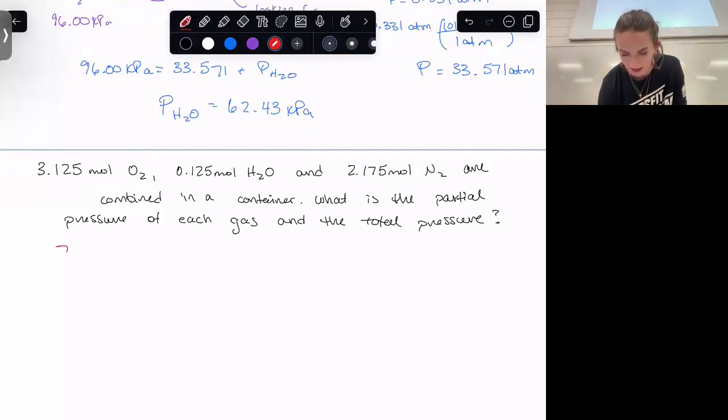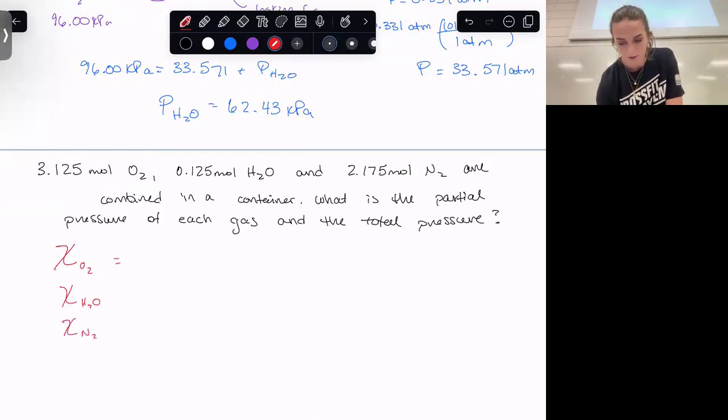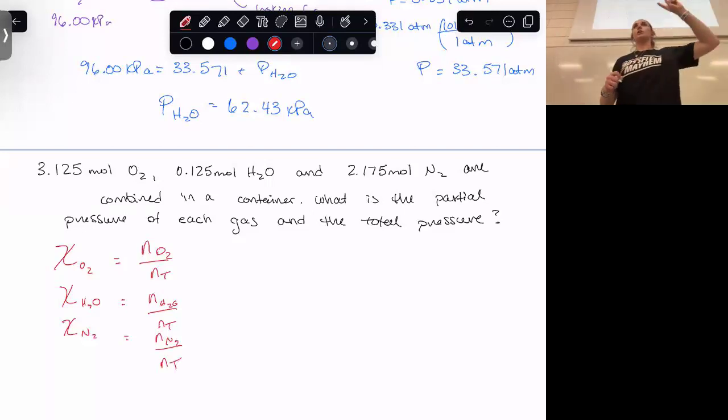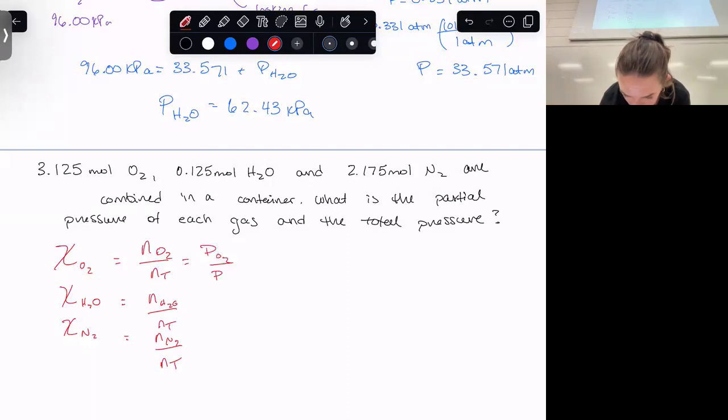The mole fraction of oxygen, the mole fraction of water, and the mole fraction of N2 are going to be equal to the moles of oxygen over the total moles, the moles of water over the total moles, and the moles of nitrogen over the total moles. Mole fraction is directly related to partial pressure, where the pressure of oxygen is going to be related to the total pressure.